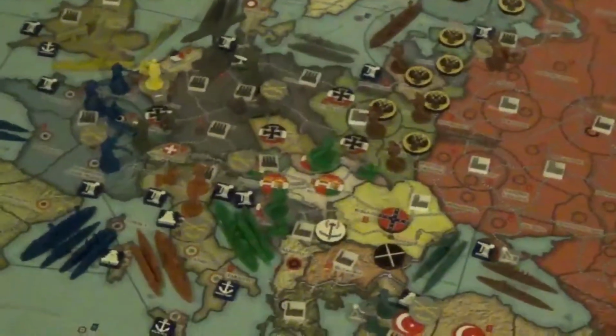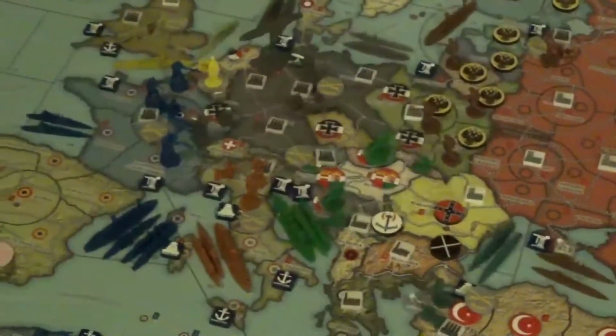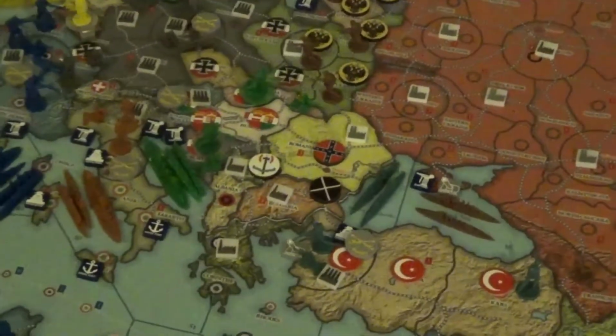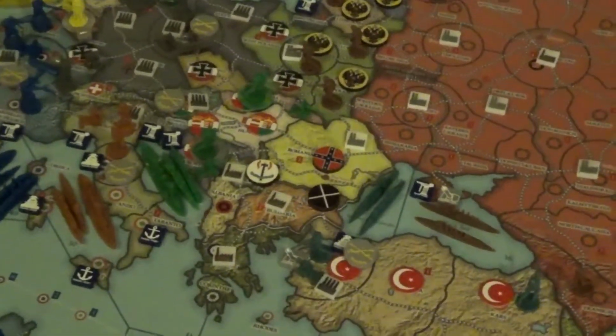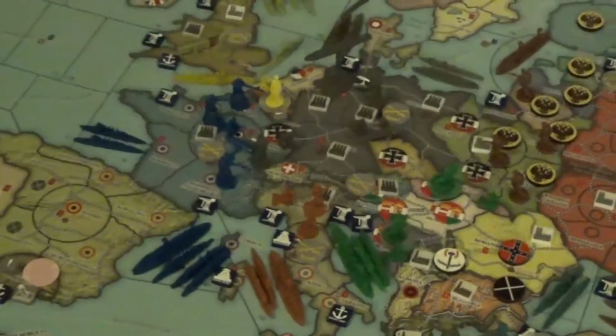England, France, Italy, Russia, Japan. Eventually America, Romania will join as a minor power at some point. Same with Portugal.